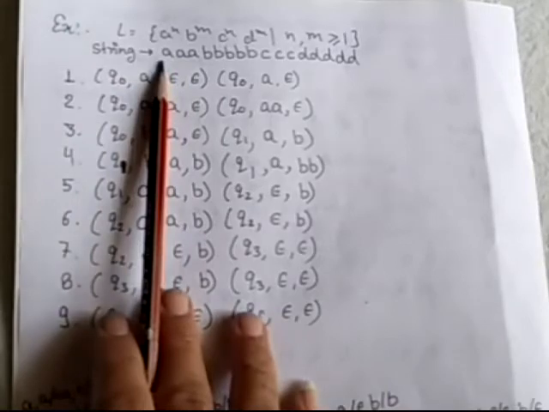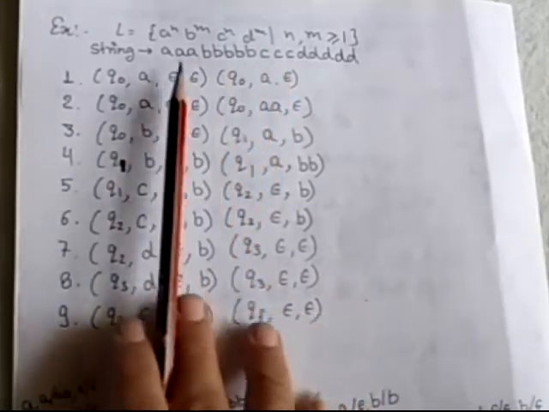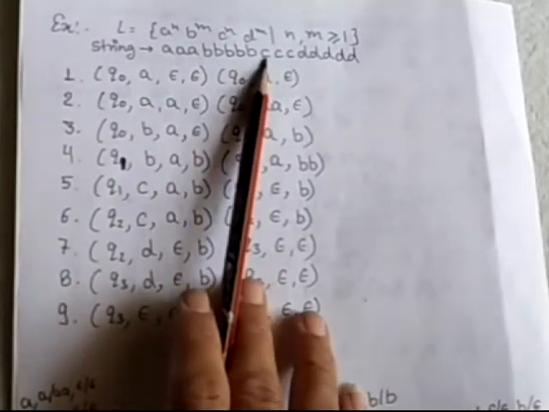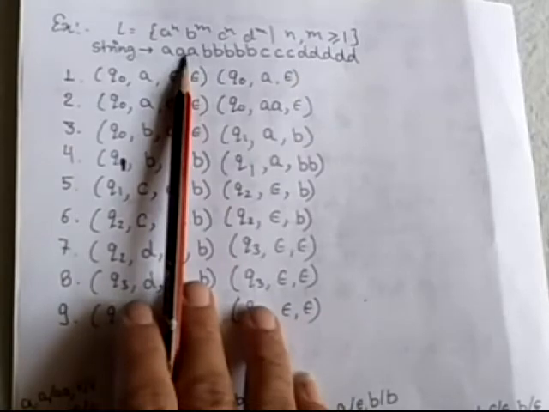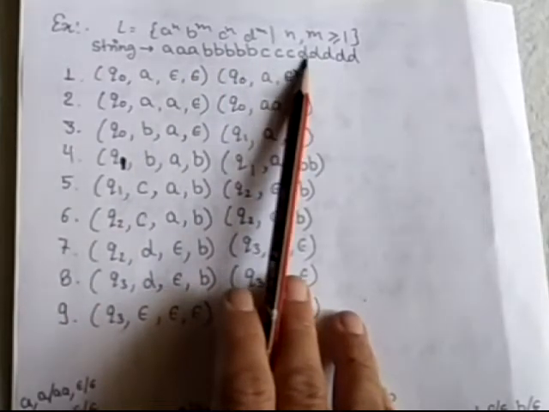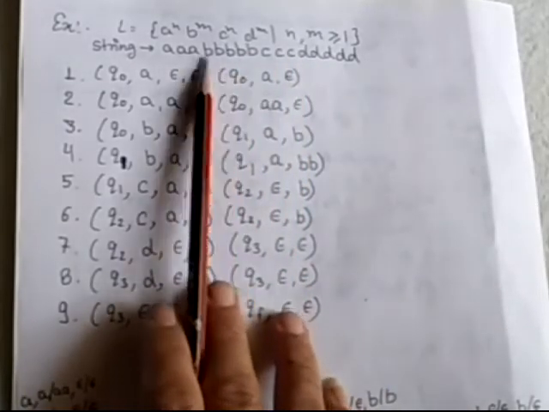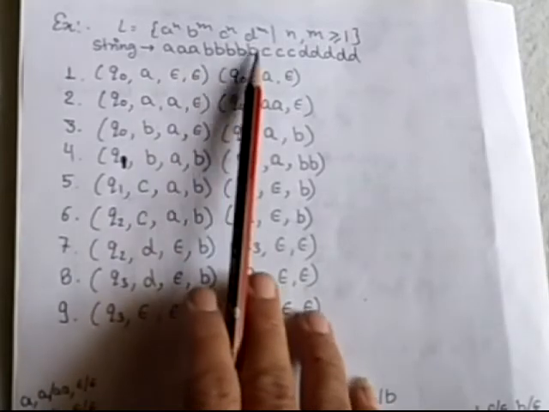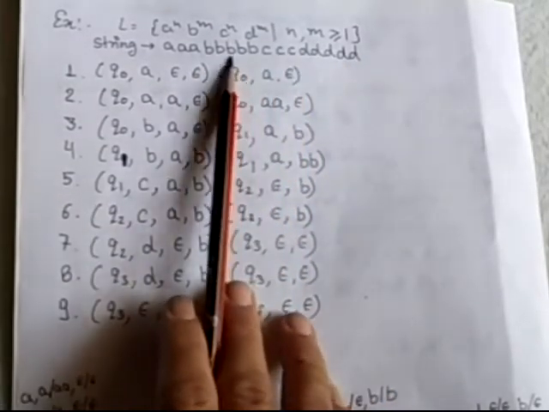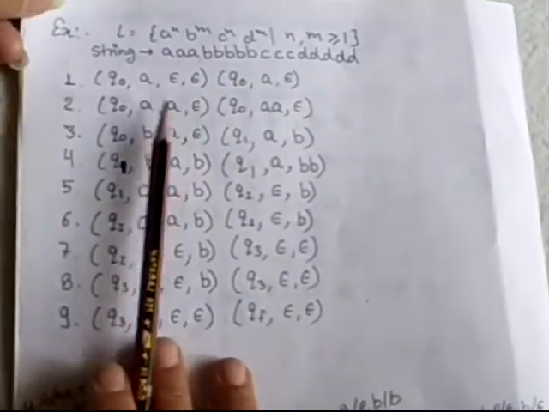If C and A are equal in number, stack 1 will become empty. When we read D, we start popping stack 2. If the number of B's and D's are equal, the stack will become empty and the string will be accepted. So start with Q0.